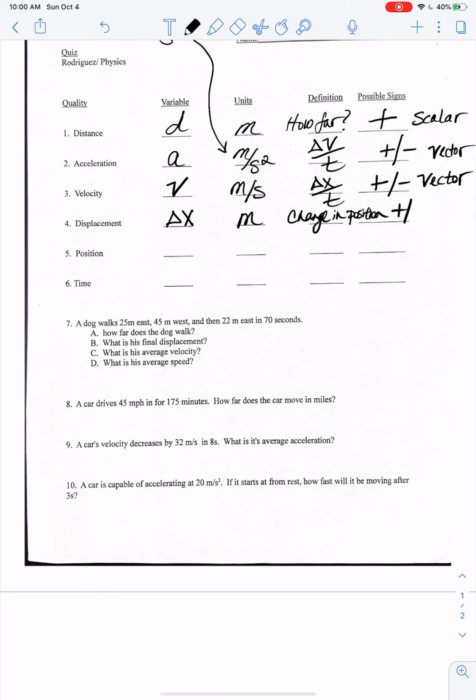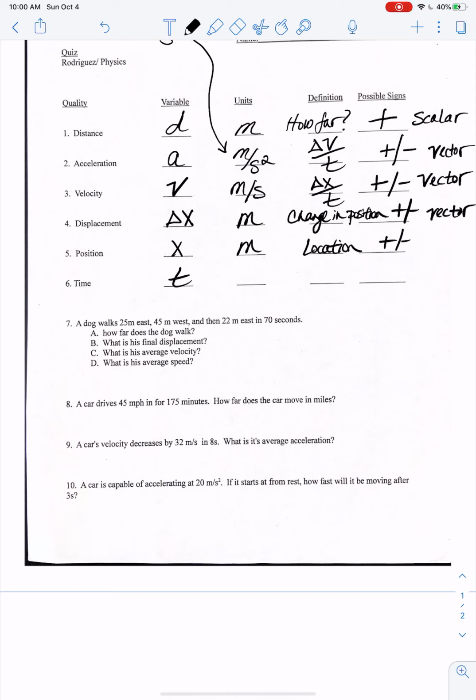Sign, positive or negative, because it's a vector as well. Position, just represented by the variable x. Units are meters. Definition, location. Possible signs, position can be positive or negative. It could also be 0. And that's true of any of these. They could all be 0.